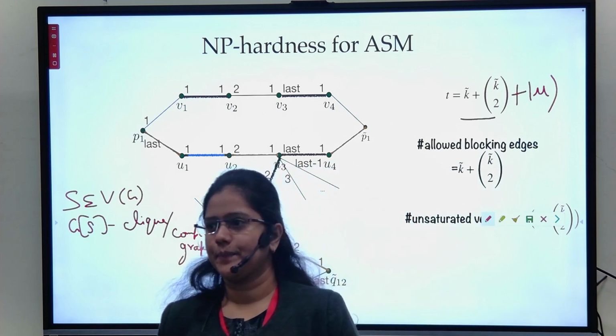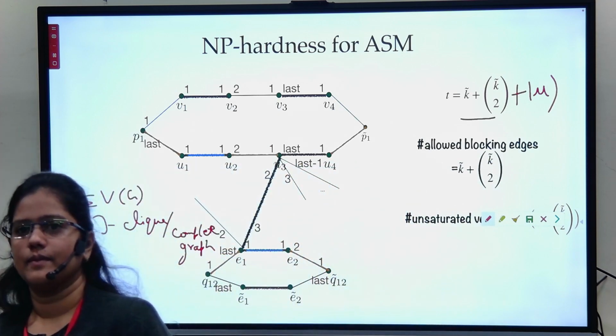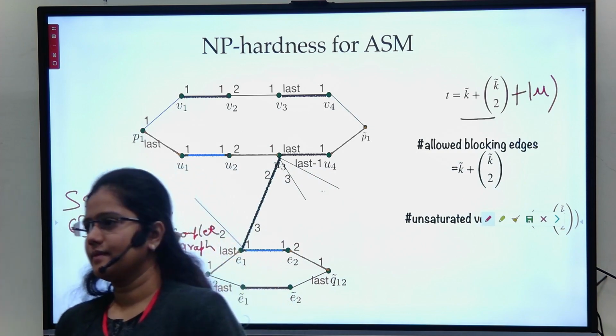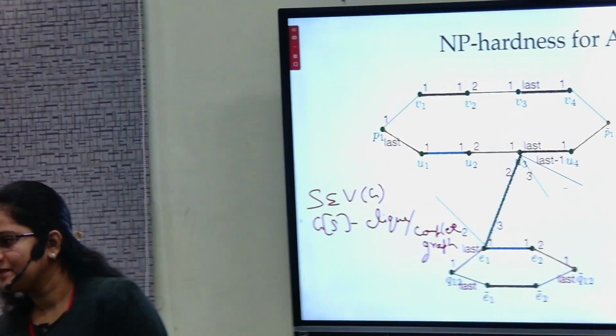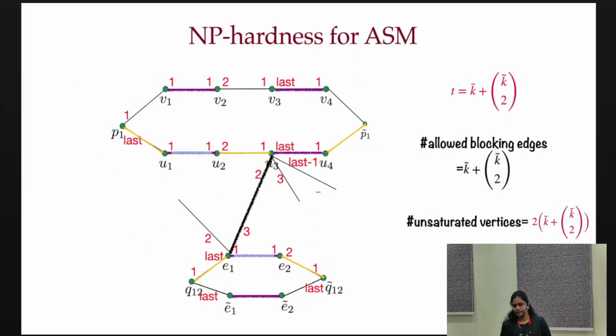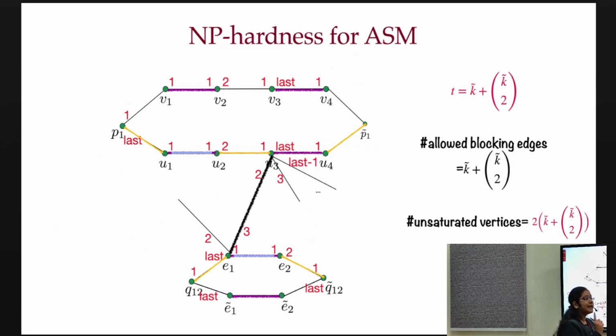Why? Because for each corresponding vertex we have augmented on the vertex side, and in the corresponding edge gadget we have augmented the corresponding edges, because it's a multicolored clique.